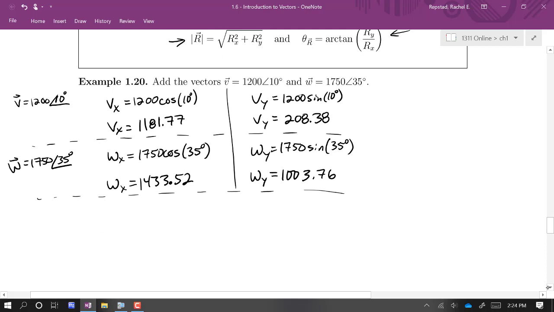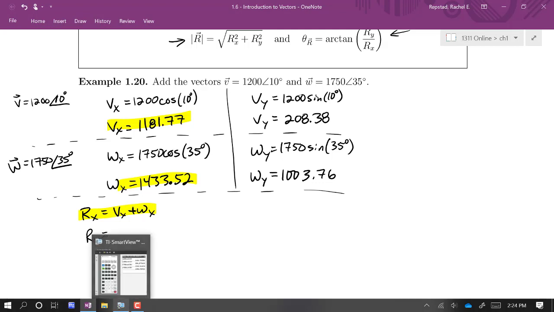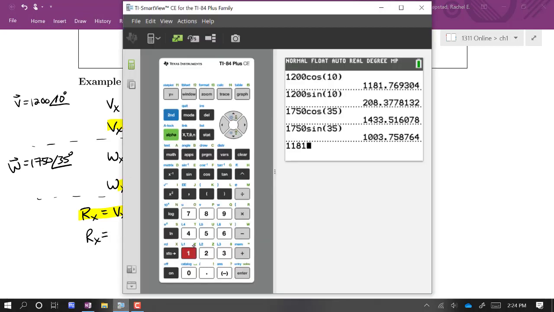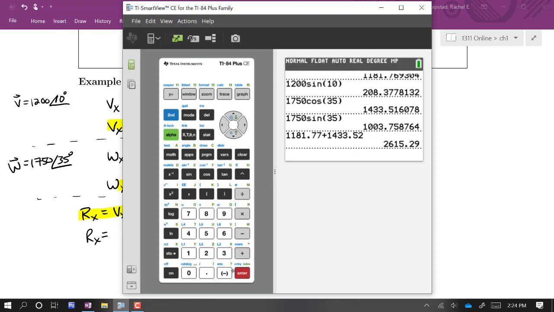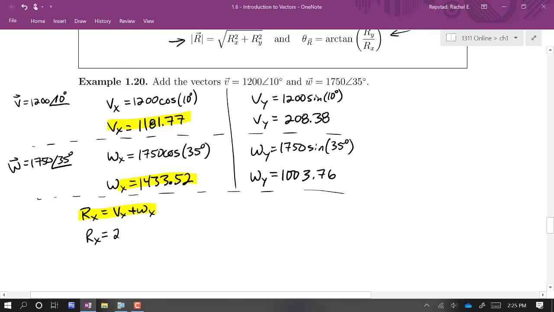Alright, so now Rx is Vx plus Wx. I'm going to add these two together to get Rx: 1181.77 plus 1433.52, 2615.29.